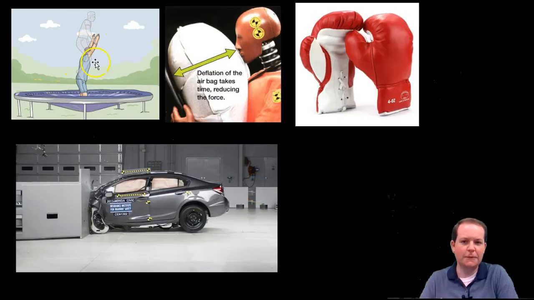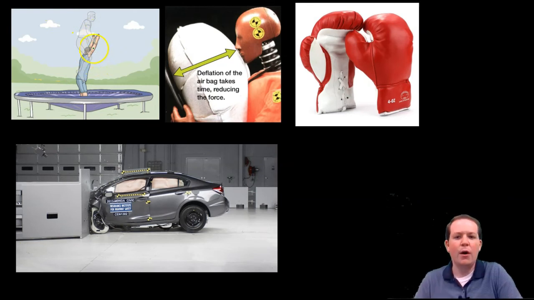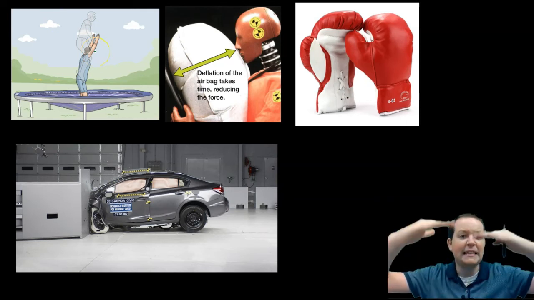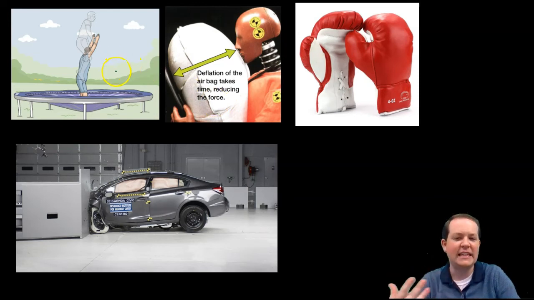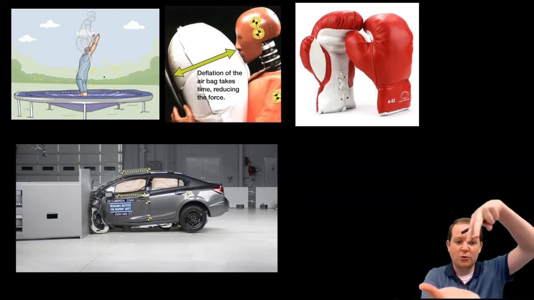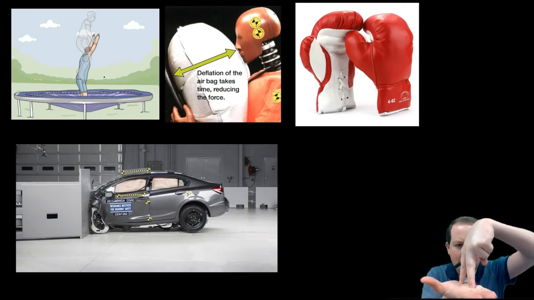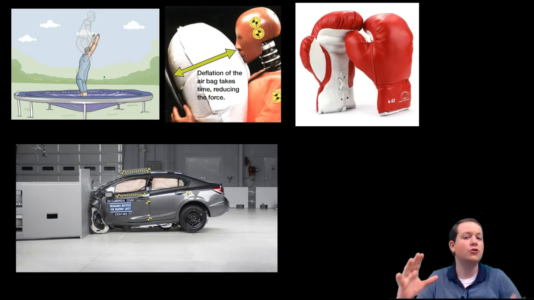This person who is falling, whatever their mass is, whatever their change in velocity is, well, them landing on a trampoline and the time it takes that trampoline to bend and stretch, that increases time, so it decreases the force, say, compared to landing on hard concrete. Same person, same change in momentum, but landing on concrete, that takes a very short amount of time, so a much larger force.